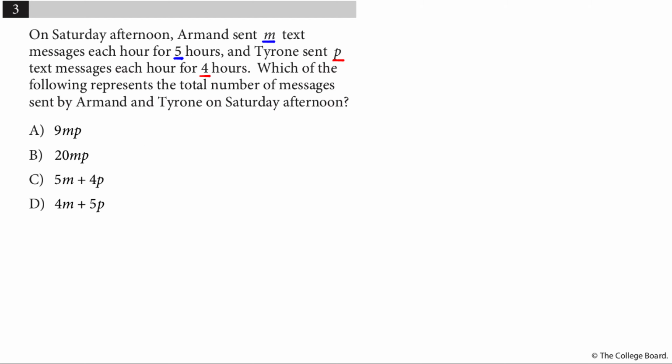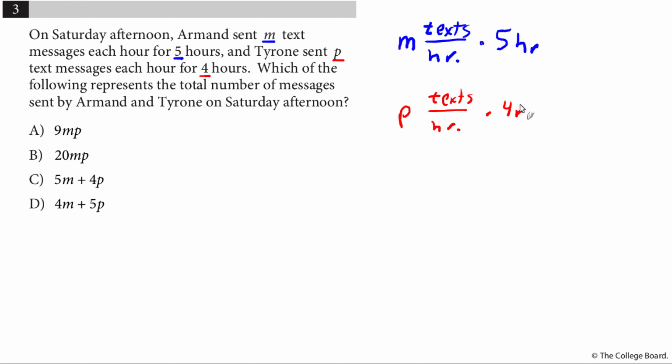And so what we have is a rate of M texts per hour and 5 hours. And we have P texts per hour times 4 hours.